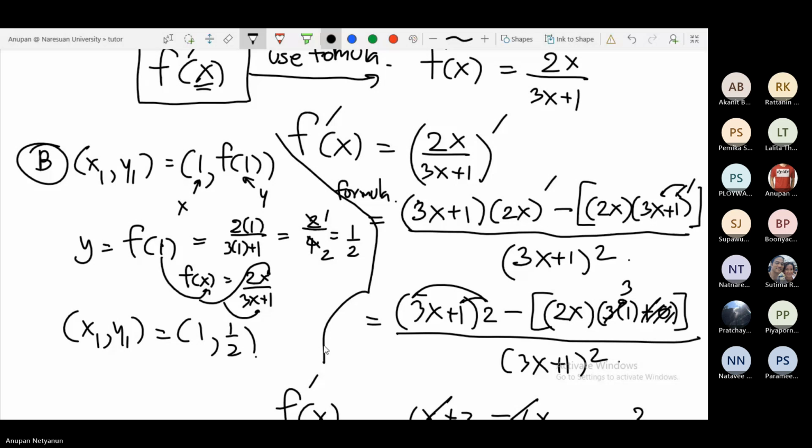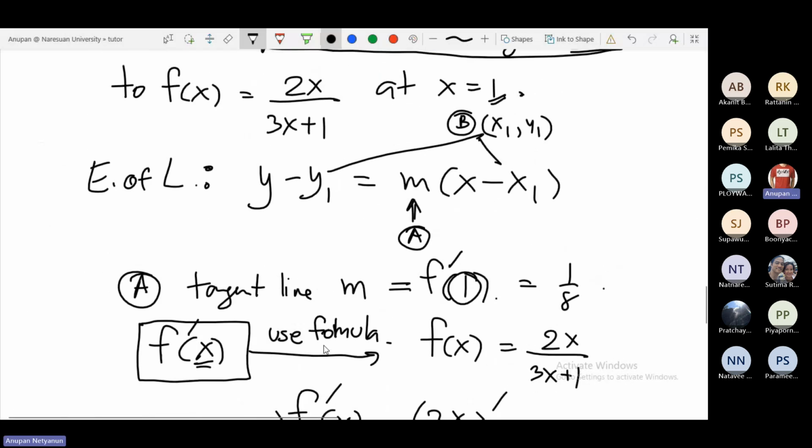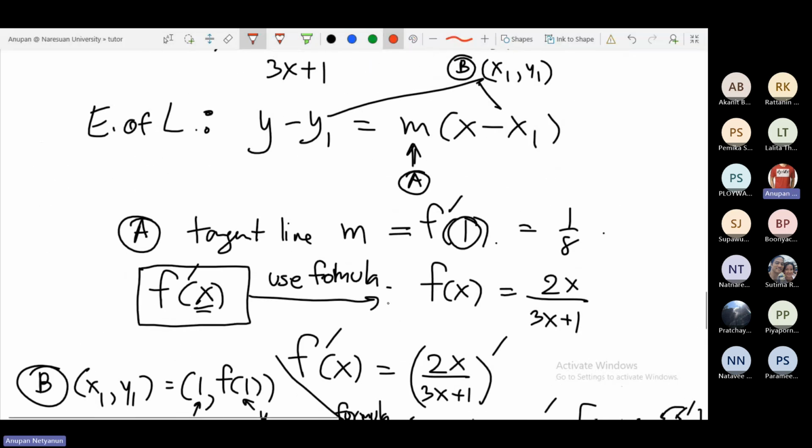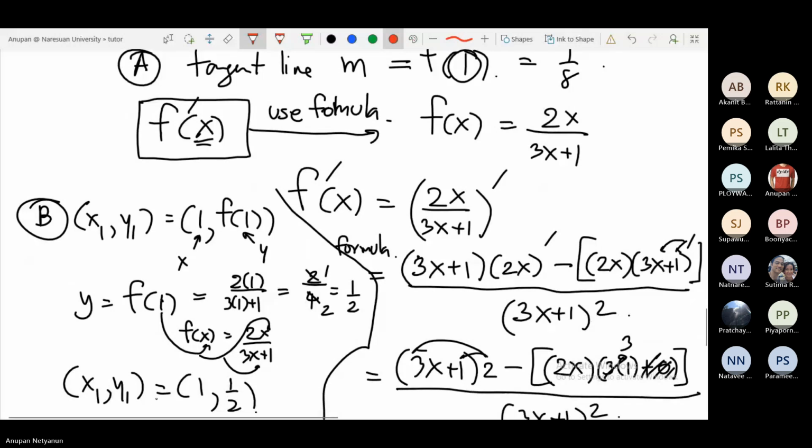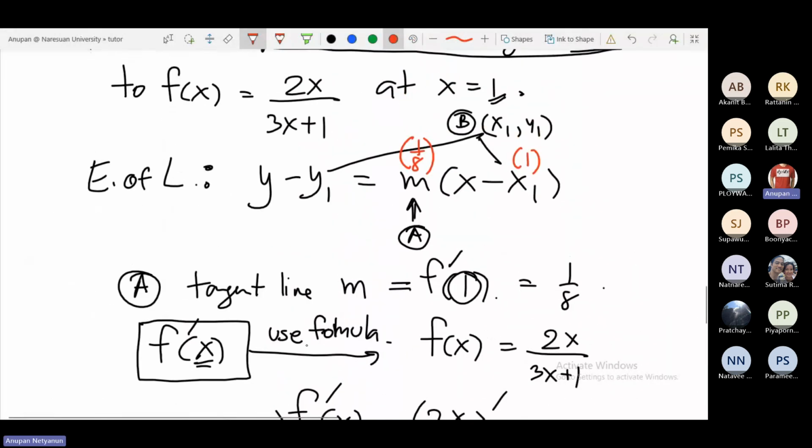Okay. Now, if you put all the information from A and B into the equation of the line, that means your slope from A, which is 1 over 8, you plug in 1 over 8 here, x1 is 1, and y1 is 1 over 2.